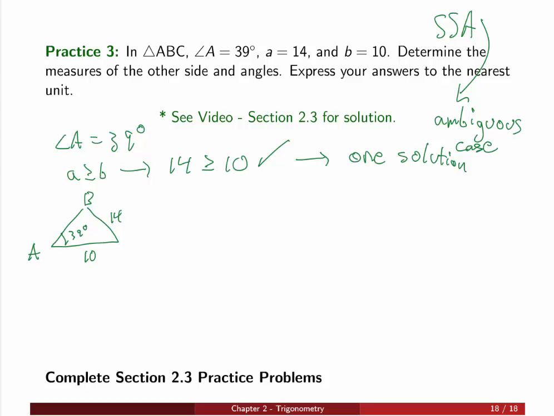It says to solve the triangle, which means we're going to determine all the measures of each side and angle, and we're going to do this using the sine law, of course.